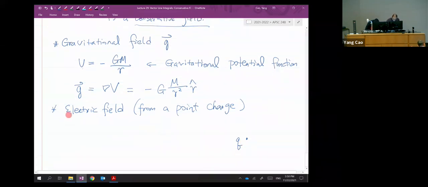As you probably learned in your 178, first you can obtain a so-called electric potential. This scalar function here is called the electric potential.